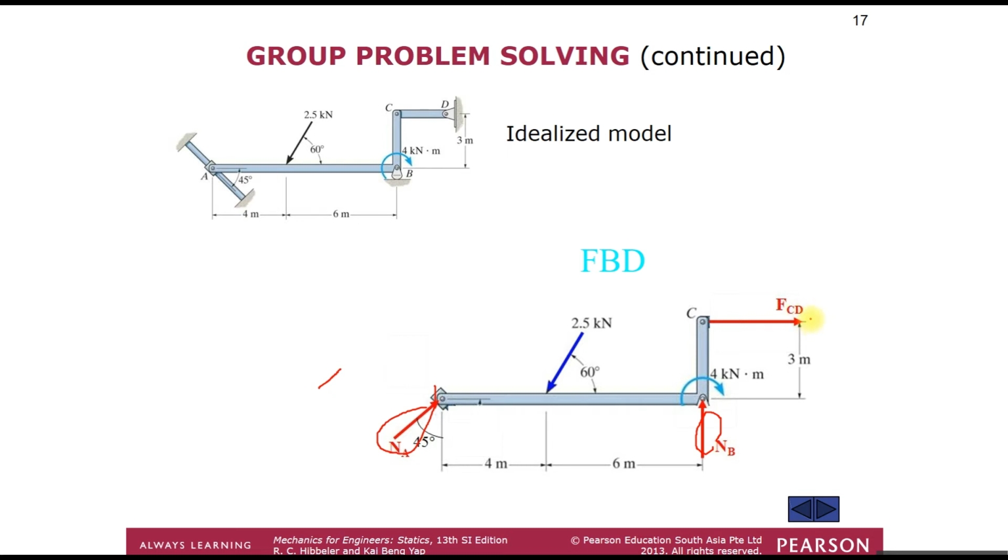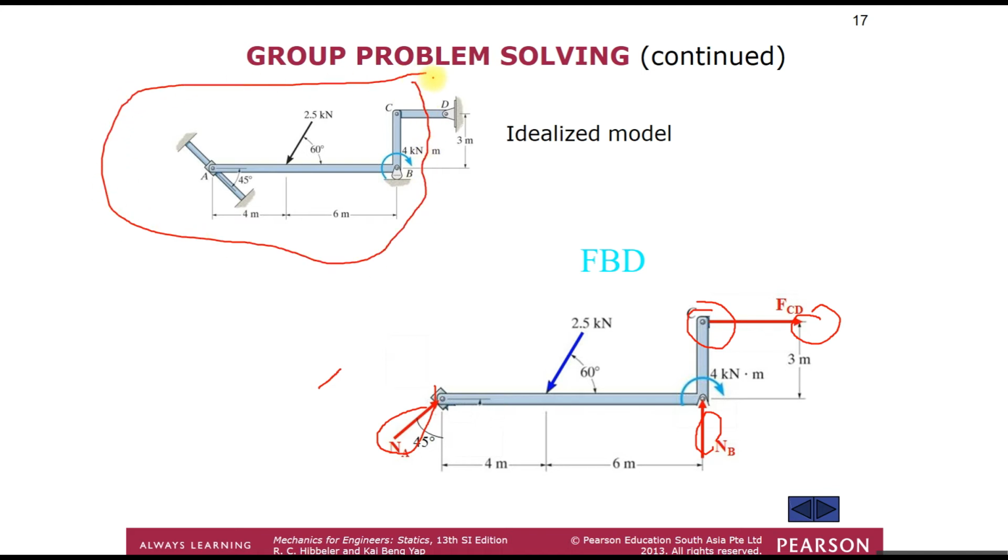The reason we don't draw the actual D here is because over here we already have a pin. It makes sense that we do not have to draw the other equivalent support, because this is just up until here. This is the part of the structure that we want to analyze. We don't have to be concerned with the whole support. We can just represent it by one force acting on the beam CD.